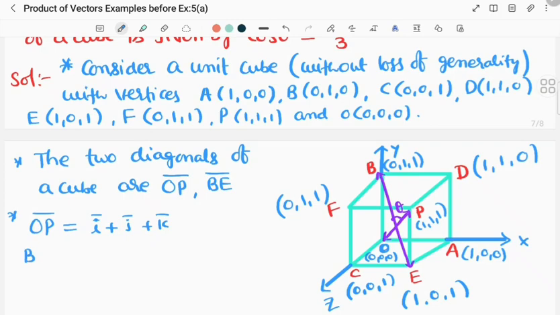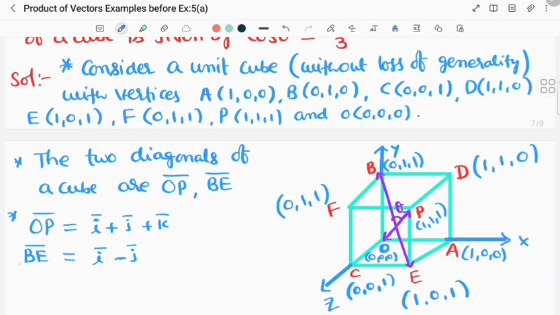So BE bar means E minus B, you can do, dear students. E point minus B point. Observe carefully. BE means direction ratios we will know.